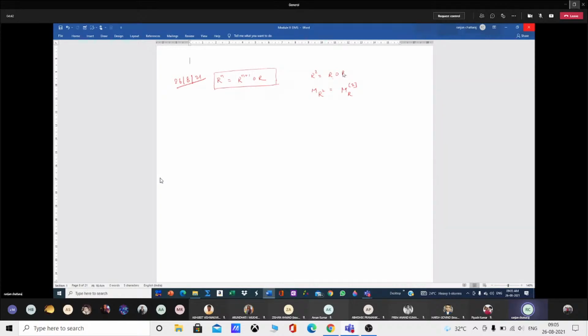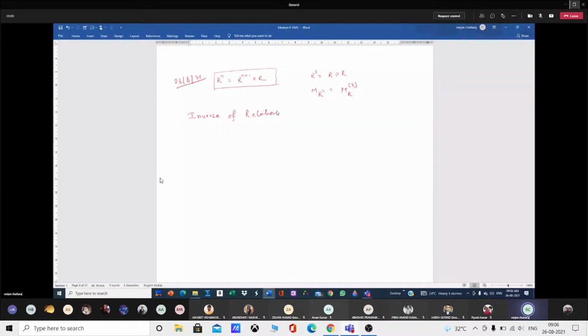Now, today one more thing, which we skipped in the previous class, that is the inverse of relations. Today we'll discuss this one because later we will require the inverse of a relation.